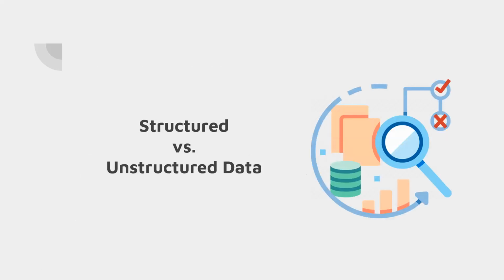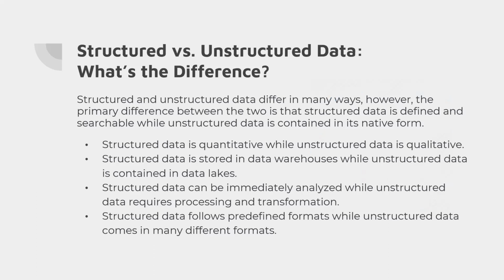Now, there are two kinds of data. There are about 4 types, but there are 2 kinds of data. You have structured and unstructured data. So what are their basic differences?